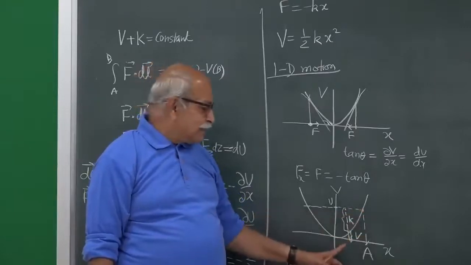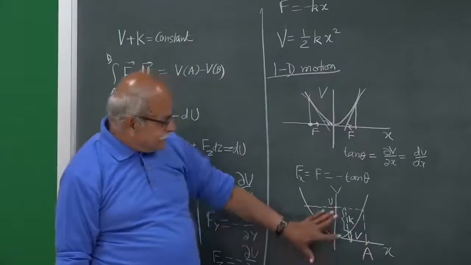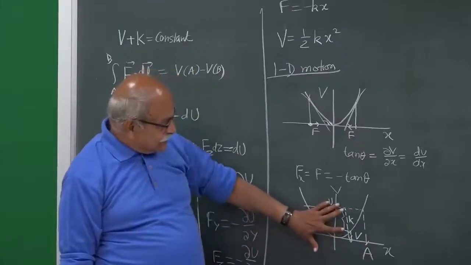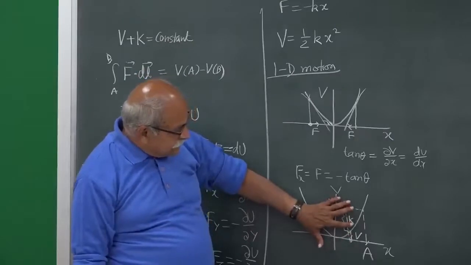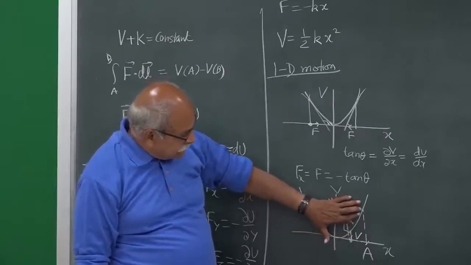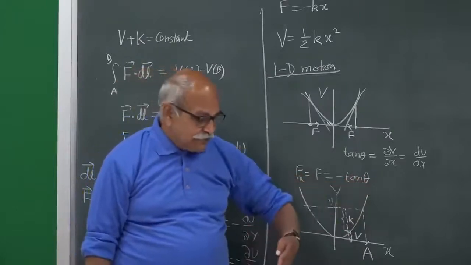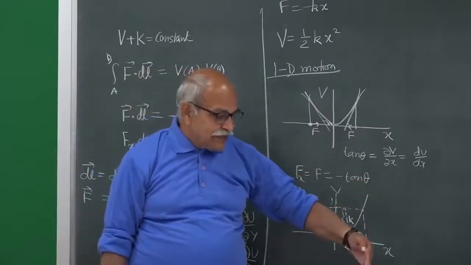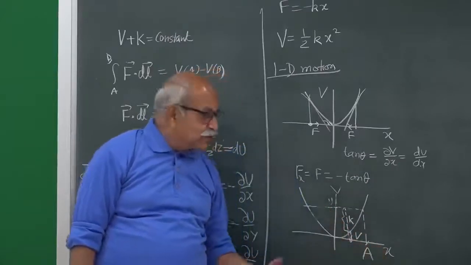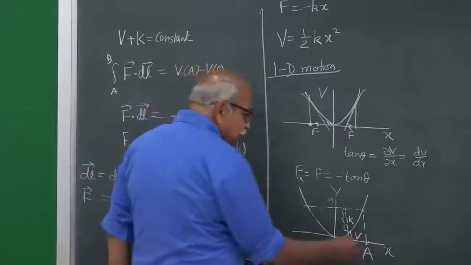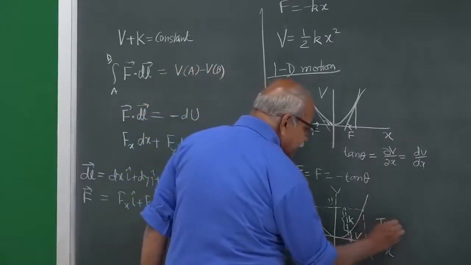So, the particle comes to rest at this position. Here this much was kinetic energy, then as it moved to the right, kinetic energy decreased, further decreased, and finally it became 0. The particle is going away, slowing down, and then it comes to rest, and then it turns back because the force is there. So, this is the turning point.